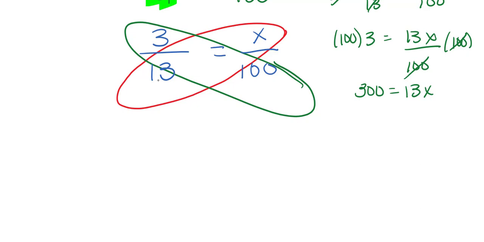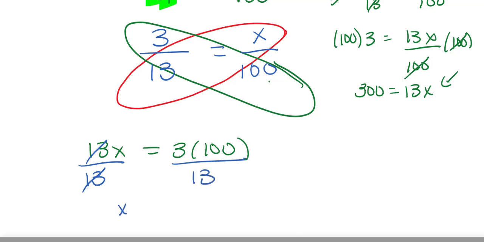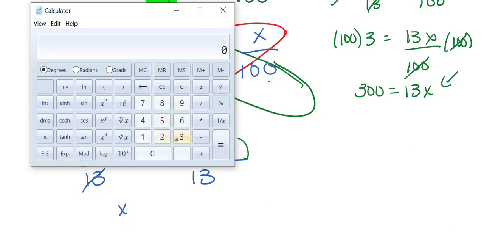So we have 13 times x, so 13x. Then we have 3 times 100. So as you see, we got back to this, because 3 times 100 is just 300. And then our way to solve for just x by itself is to divide by 13 on both sides. We'll pull out the calculator.